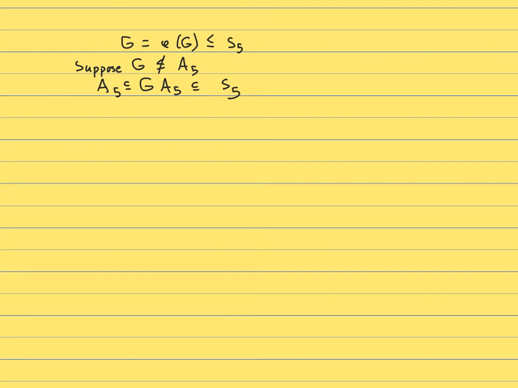And if we're assuming that G is not equal to A5, this left-hand containment can't be true, so it must be the case that G times A5 is S5. So here's G, here's A5, here's their product. The index is 2 by the diamond isomorphism theorem.